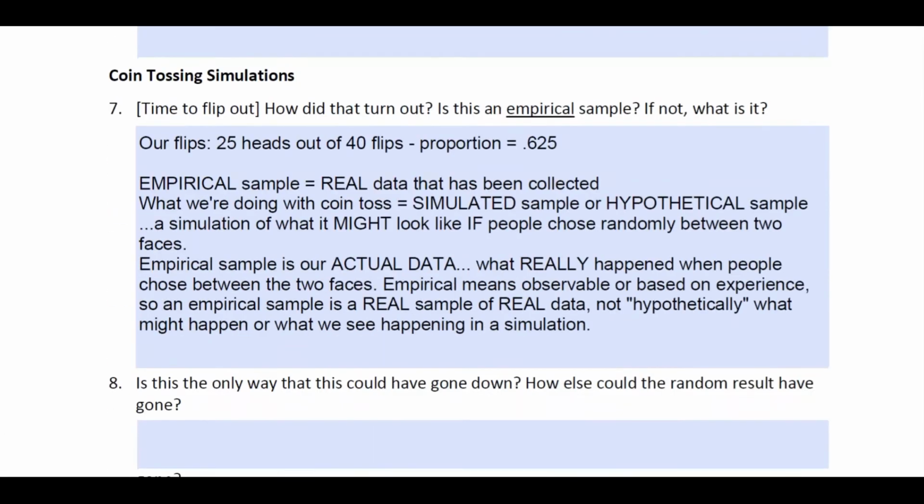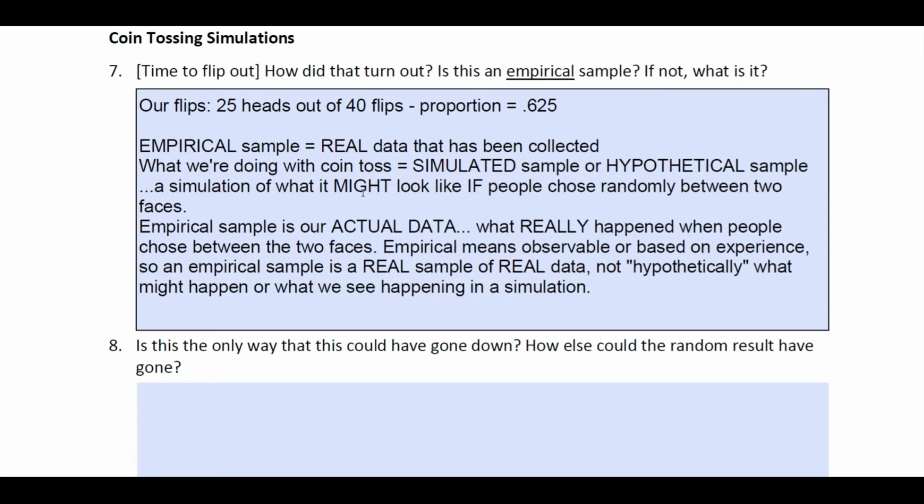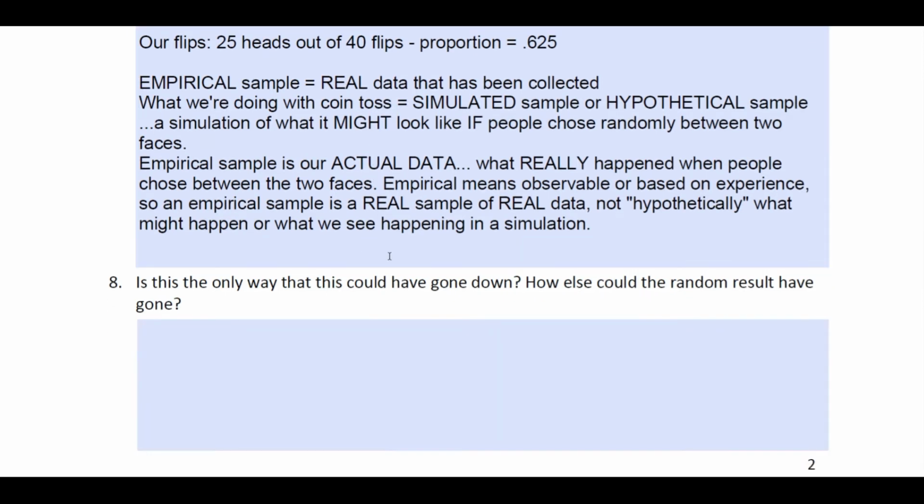Now, the same issue as when we did Martin v. Westvaco is, well, that's just one simulation. That's just one way that it could come out. Is it always going to turn out that if we flip 40 coins, 25 are heads every single time? No. Just like it's not going to turn out 50-50 every single time.